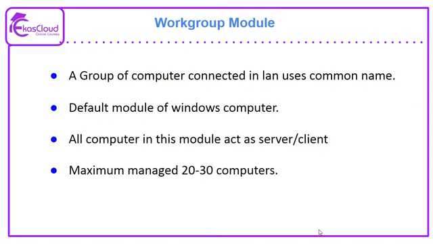Every Windows computer's default model is the workgroup model. These computers act as server or client, that's the default, and a maximum of 20 to 30 computers are managed by the administrator.